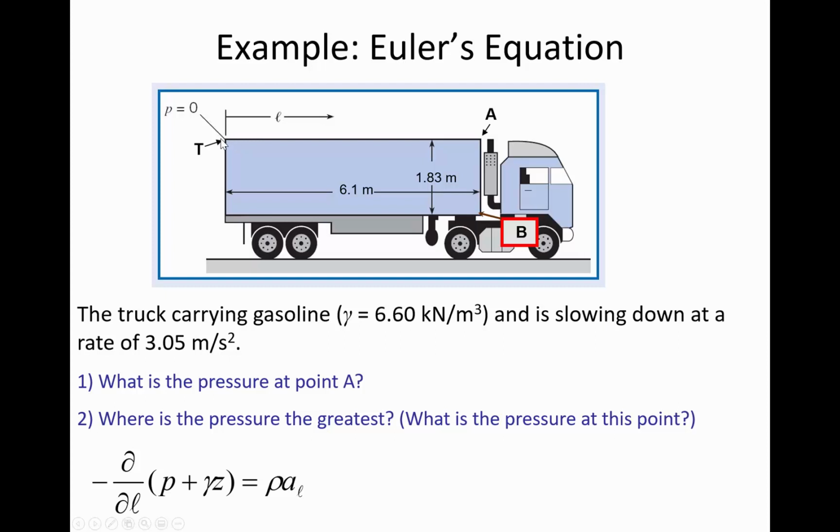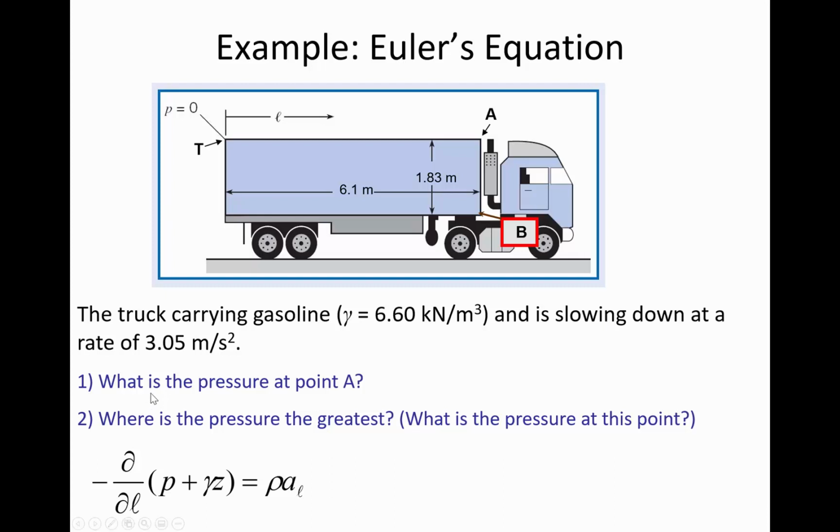But the pressure here at location T is 0. So now think about it, first of all, before we start doing calculations, think conceptually. If the tank is slowing down, that means the acceleration is to the left, and I told you that pressure increases in the opposite direction of acceleration.